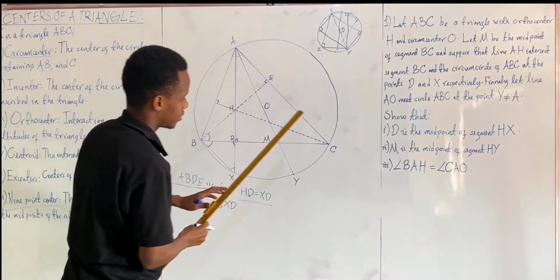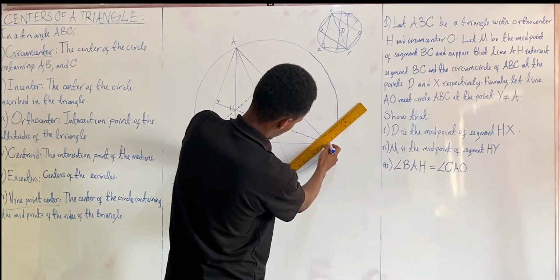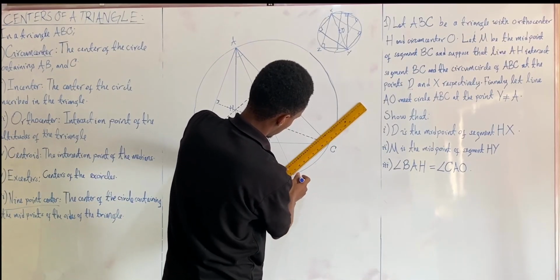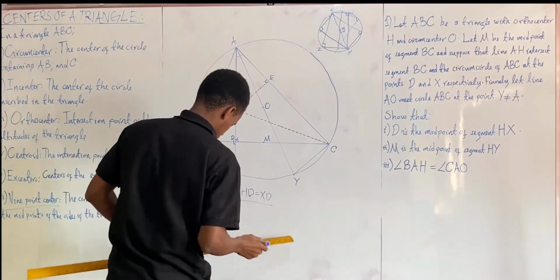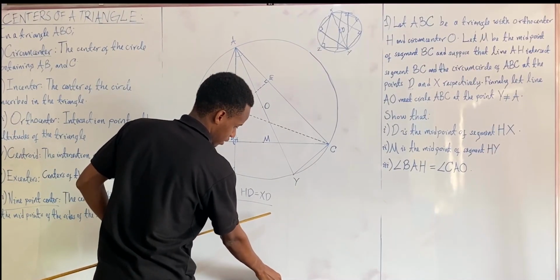So that being said, I will draw the segment from C to Y. So we have a segment here from C to Y, maybe if I draw it with a red line.